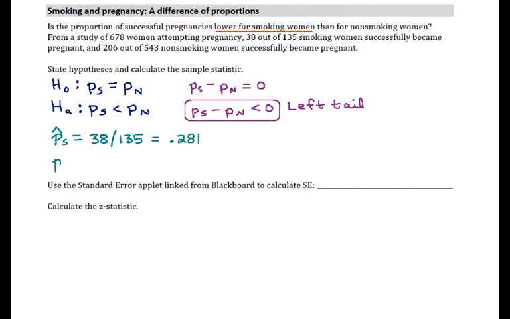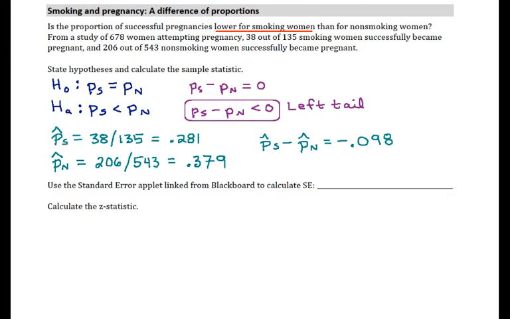Our estimate for the proportion of successful pregnancies among non-smoking women is 206 out of 543, which comes out to be 0.379. And now, staying consistent in my order, my sample statistic is PS hat minus PN hat, which comes out to be negative 0.098.